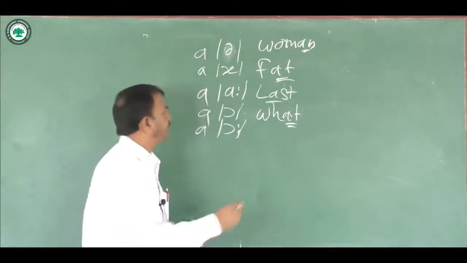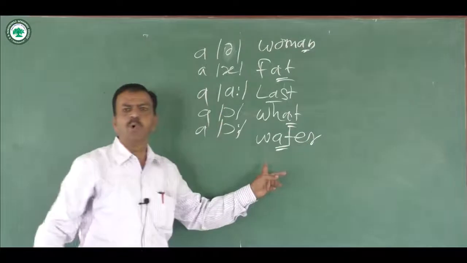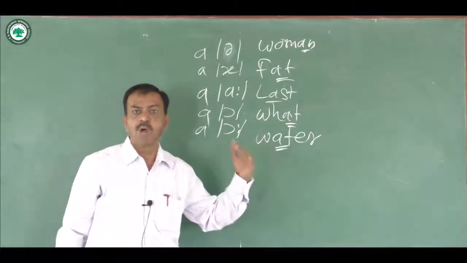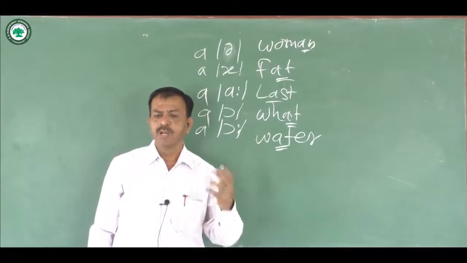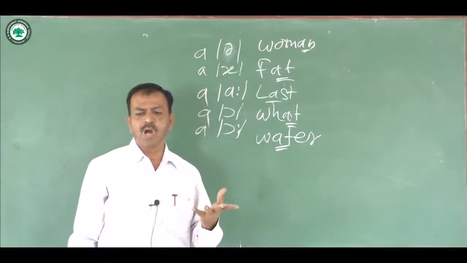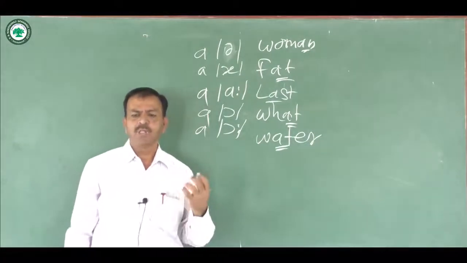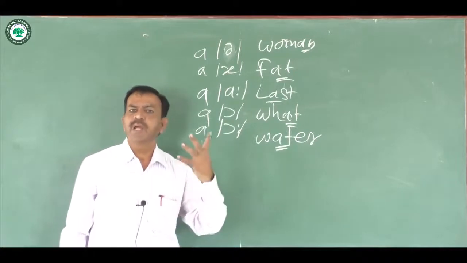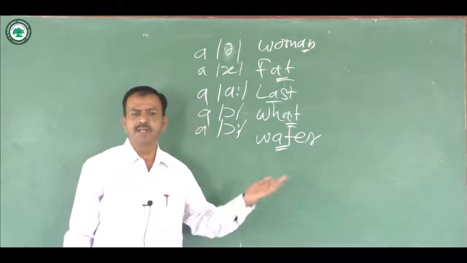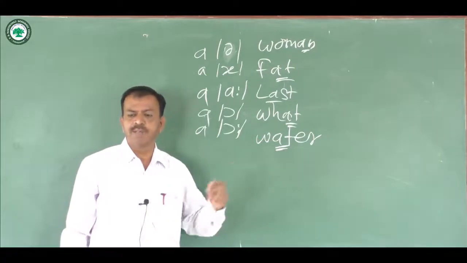For example, water, all, ball, call, fall, mall, tall, halt. So in all of these examples, letter A is pronounced the same.